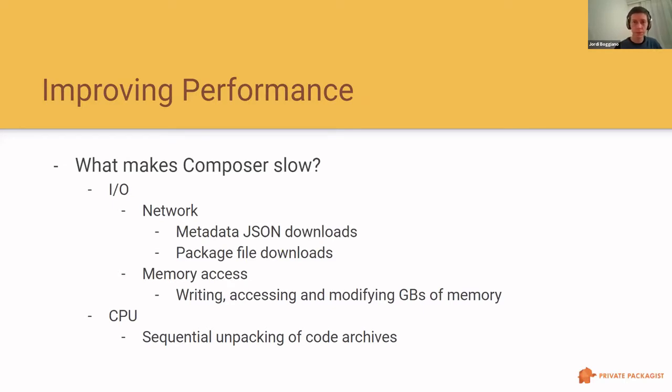I'll get back to that in a second. And then finally, we download the package files and so on. So it's just tons of I/O. In some cases, we also had some CPU bottlenecks, let's say, but I think mostly it was I/O bound slowness.